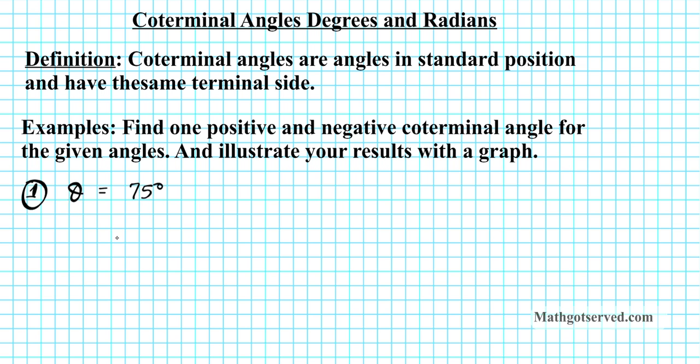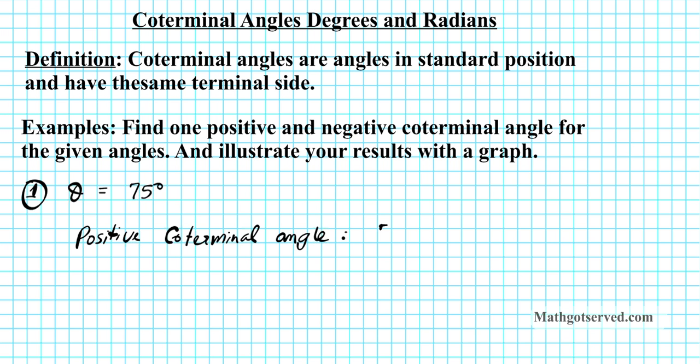The first thing we're going to look for is one positive coterminal angle. How many degrees did we have to rotate a full circle to get a coterminal angle? A full circle is equal to 360 degrees.